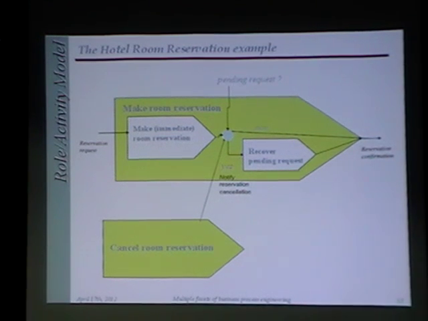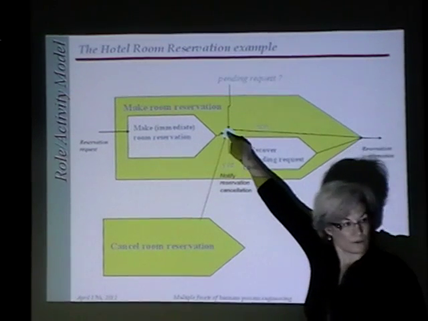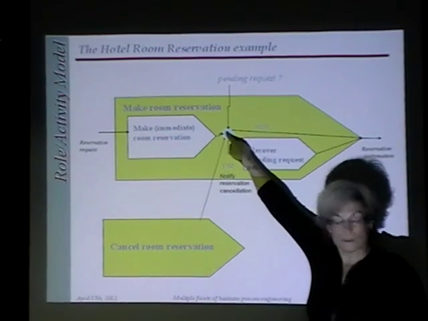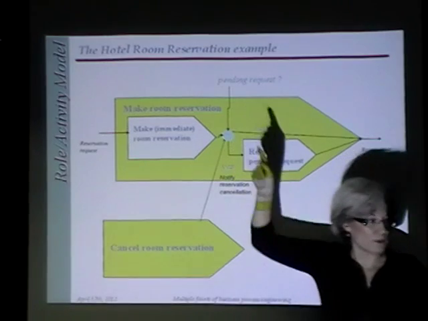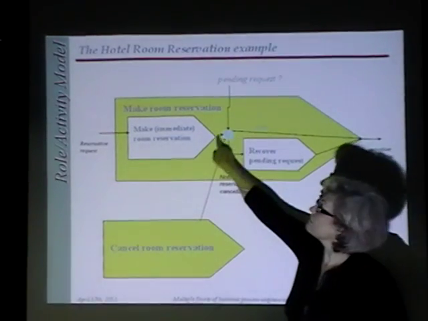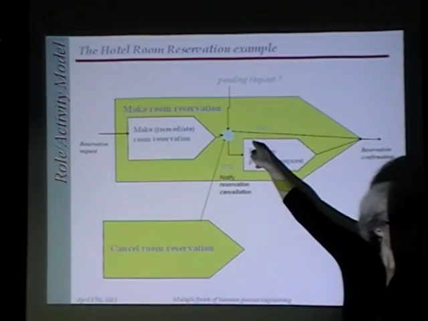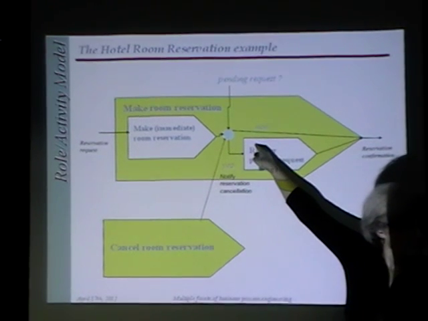But in the present case, if this flow does not arrive in time, I will have another event, a temporal event, which will cancel the request which is in the waiting list.